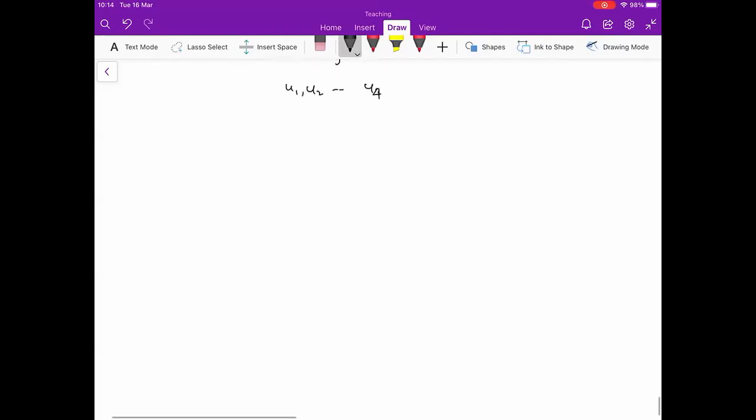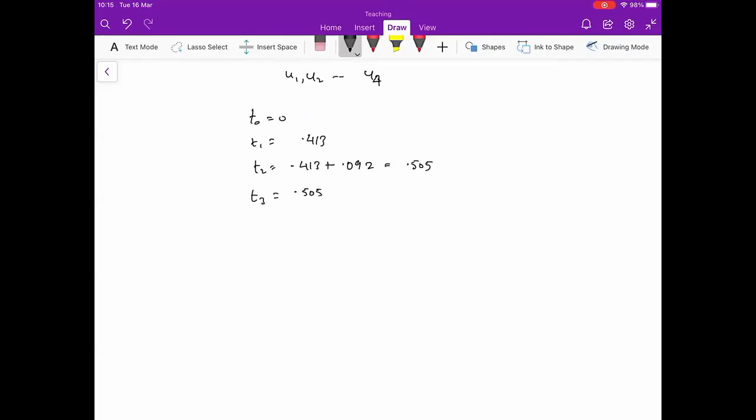If you plug those in, and if my answers are correct, then t0 is 0, t1 is 0.413, t2 is 0.413 plus 0.092, which is 0.505. t3 is 0.505 plus 0.037, which is 0.542. And t4 is 0.542 plus 0.283, which is equal to 0.825.